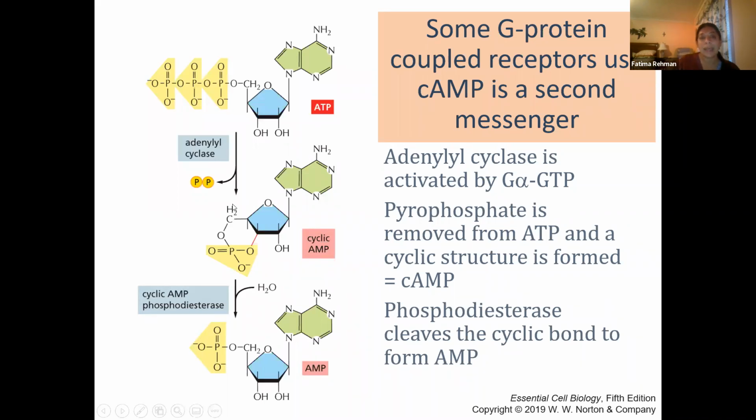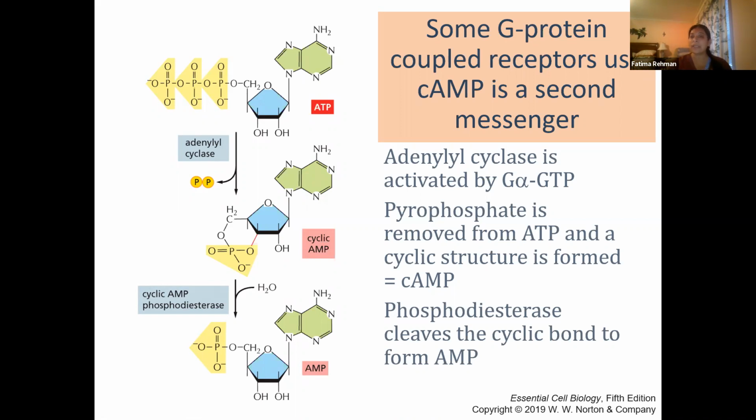So in this case, what is happening is that the adenylyl cyclase is activated by the G protein itself, and then that is breaking down ATP like it does for energy use. And the remaining AMP that is left behind is what is going to be acting as a second messenger.